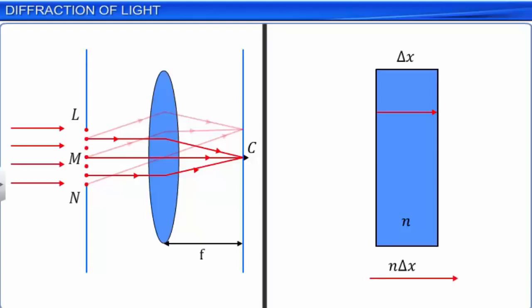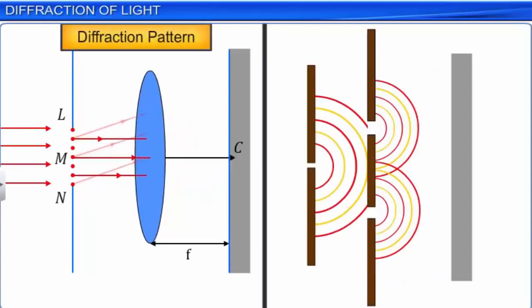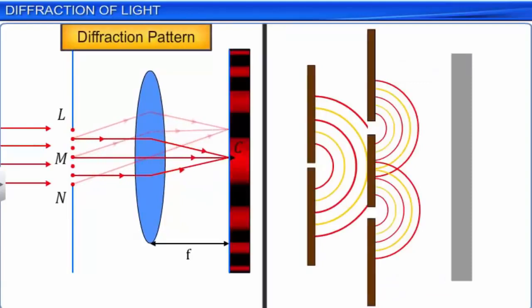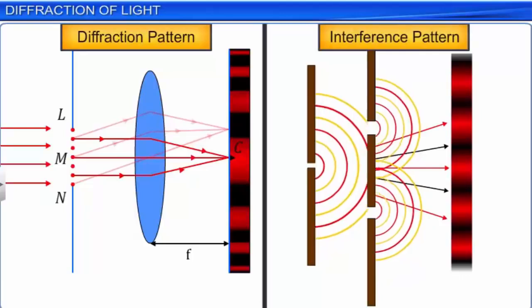The quantity n delta x is known as the optical path of the light. Since the optical path of rays converging at any point on the screen is the same for all the rays, the lens does not create any extra path difference in a parallel beam. Let us now compare the diffraction fringes due to a single slit with the interference fringes formed in the double slit experiment.